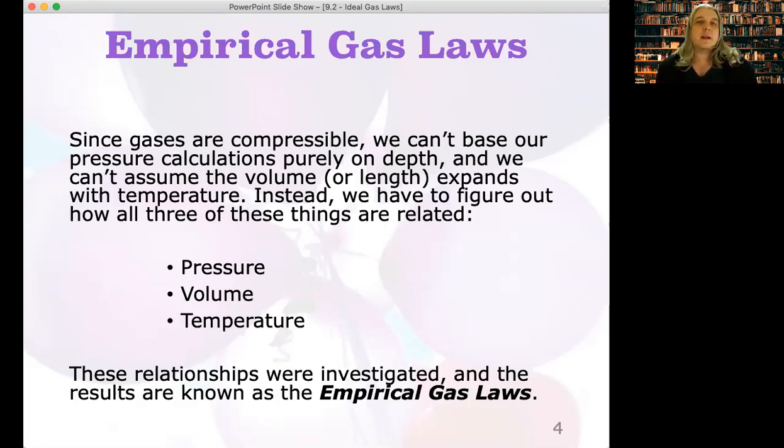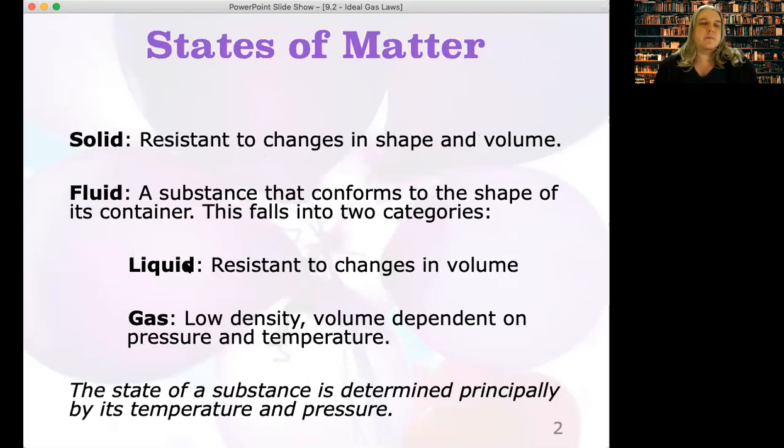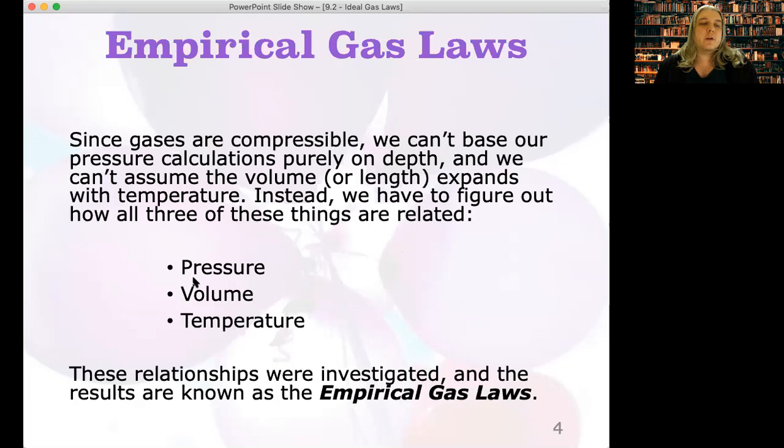So empirical gas laws is often the name given to all three of these laws. We're going to look at pressure versus volume, pressure versus temperature, and volume versus temperature. From these three things, let's hold one constant and see how the other two relate to each other. And we'll do that for all of them.